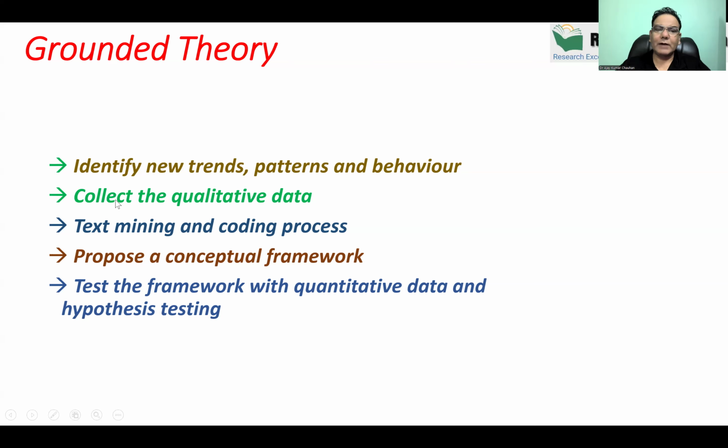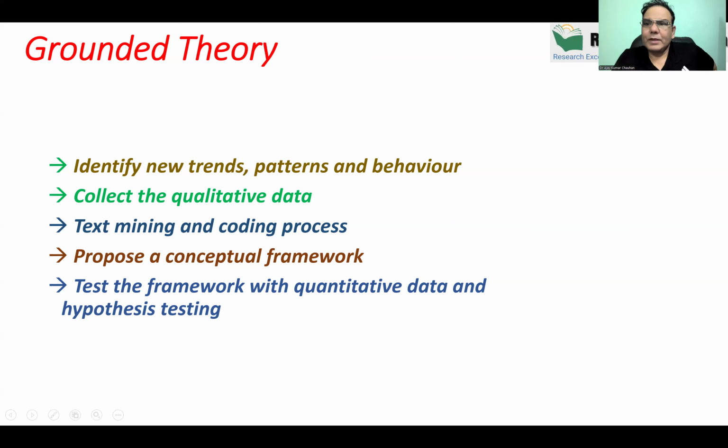After that, we collect the qualitative data. If the problem is very new, you can collect the news. Like in deepfakes, the research entirely depends upon the news. Or you can also collect the data from interviews. After collecting the qualitative data, we do the basic text mining and coding process.